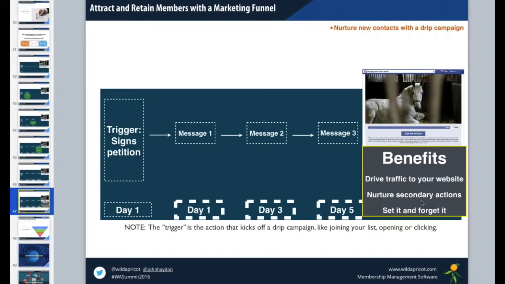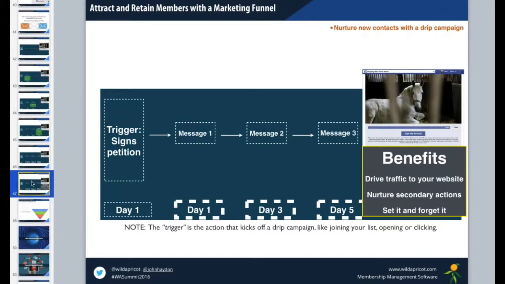We're going to nurture secondary actions as well. By secondary actions, I just mean actions like sharing the campaign, any sort of follow-up actions. And the great thing about a drip campaign is that you can set it and forget it. Now, of course, in the interest of time, I'm not going to dive too deep into this, but you can create more complex drip campaigns.